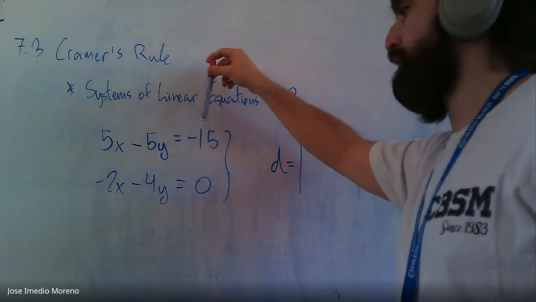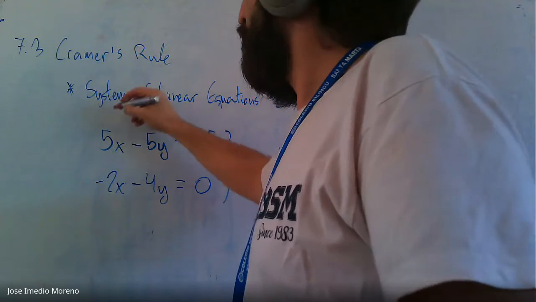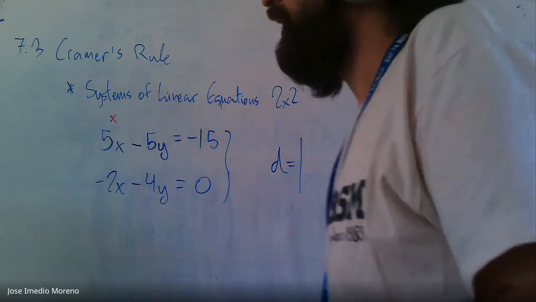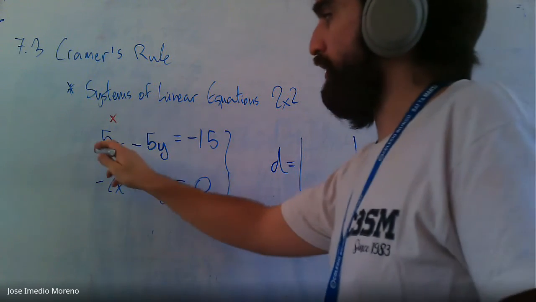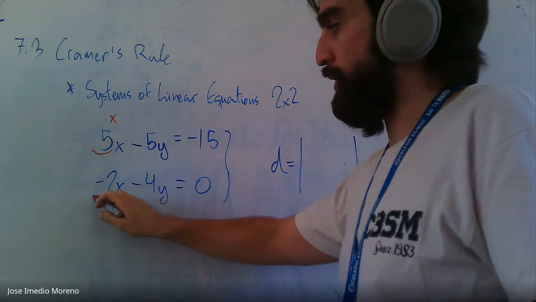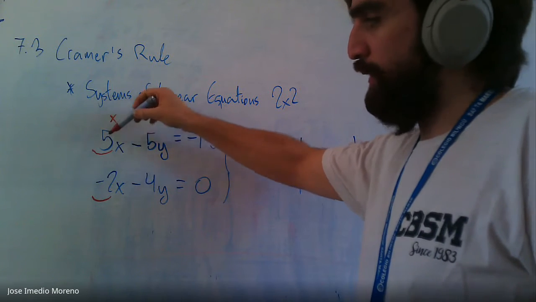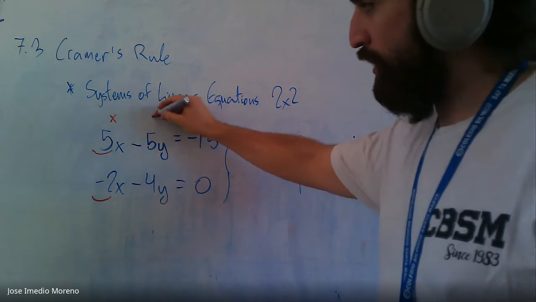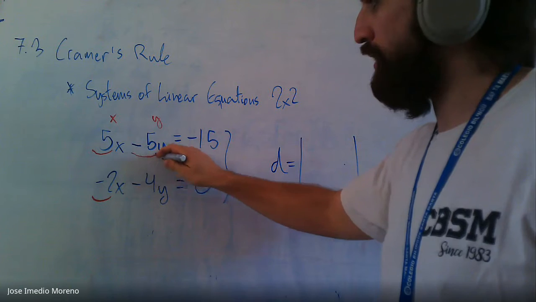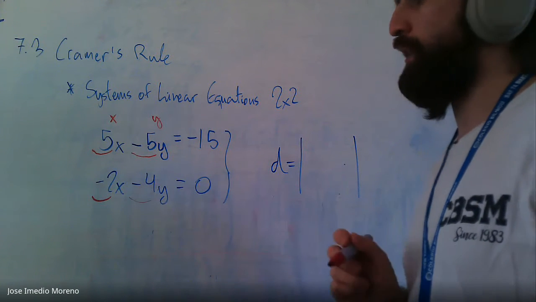This column is the x coefficients. I'm talking about the numbers; we ignore the variables. The coefficients of x are 5 and minus 2. In this column, we have the coefficients of y, minus 5 and minus 4.